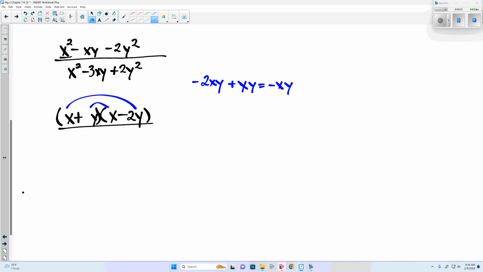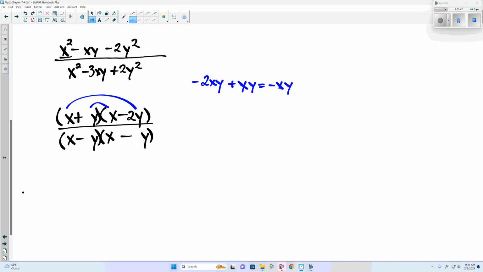Let's look at the denominator. No greatest common factor, so we have two sets of parentheses with three spaces. Third term is positive, so the signs are the same and match the sign of the middle term. Factors of x squared, x and x. Only factors of x squared. Factors of our third term, 2y squared. What factors of y squared are? Y and y, yes?